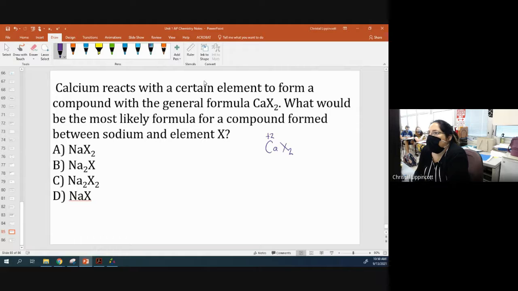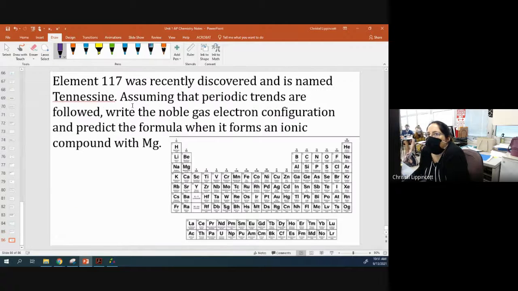So if this is a +2 and I needed 2 of these to balance that out, what does this have to be? -1. So if we know that X is a -1, and we know that sodium is a +1, that means that this would be our formula. Make sense? All right, see if you can do the next one.